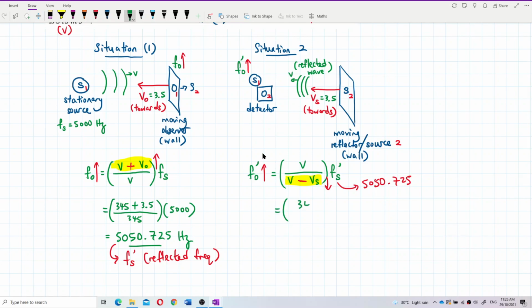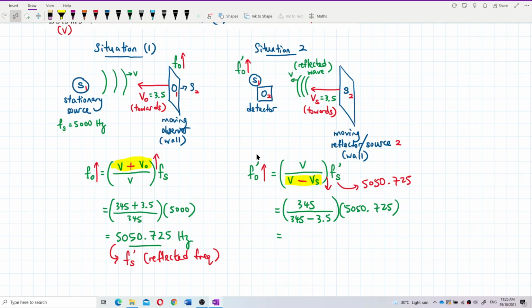Above is 345. Below is 345 minus VS. VS is also 3.5. Last time the observer velocity now becomes the source velocity, because it changed role from observer 1 to source 2. So this one is 5050.725. What do we get in the end?